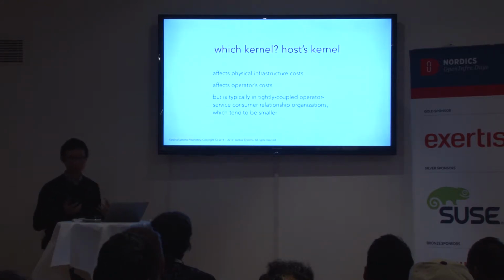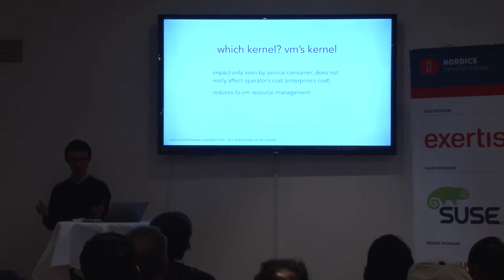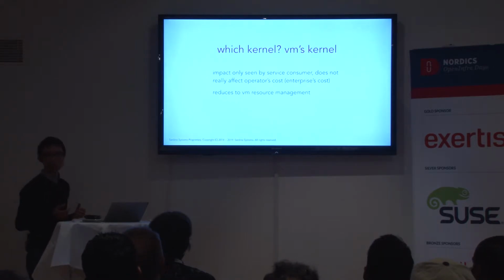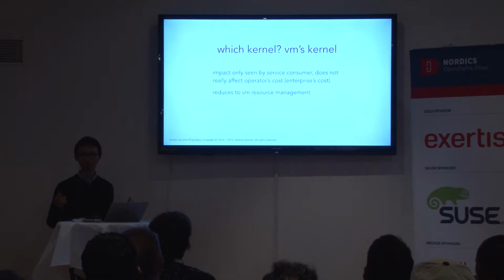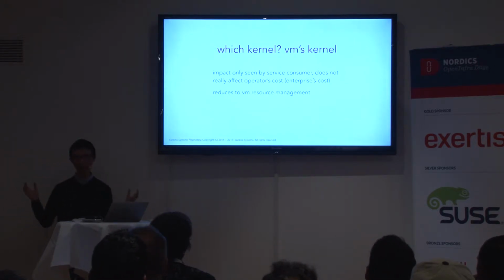But this is going back to the situation where you have a tightly coupled relationship organization. But if it's a VM's kernel, then the challenge of resource management really comes down to the challenge of VM resource management, because the containers are running inside a VM, and then for the operator, this is a case of right blending the VMs on the host.